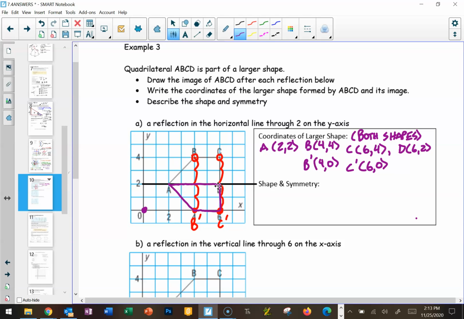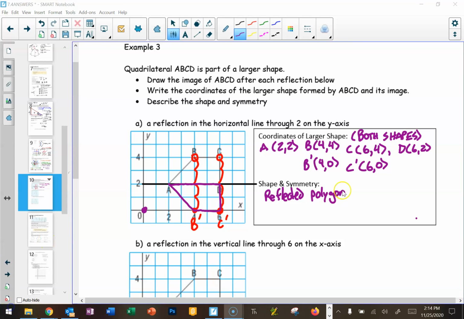So if we describe the shape, well, it's a reflection, it's a reflected polygon. Actually, I should say something different here. Although it is a polygon, I could be more specific than that.